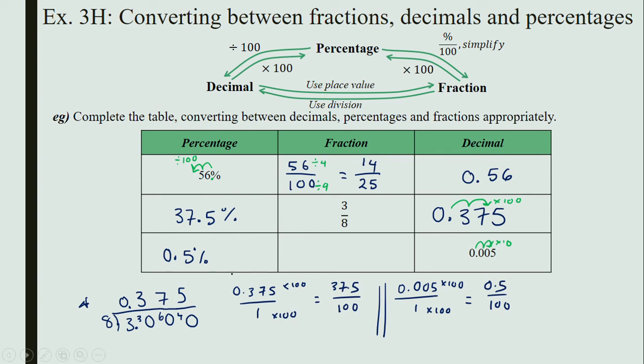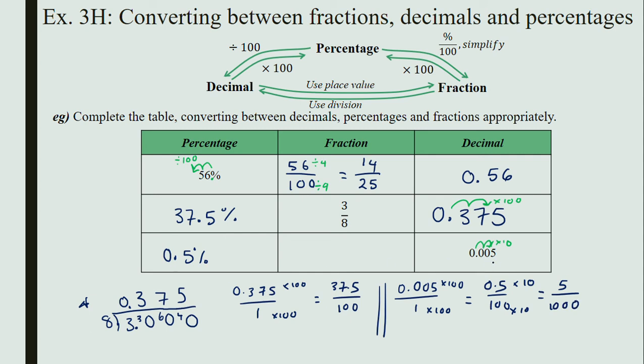And the last one now, we want to try and get rid of that decimal when we make it a fraction, okay? There are a few different ways that we can do this. We could continue on from this and just multiply by 10 to get 5 out of now 1,000. Or we might look at our place value in the decimal.